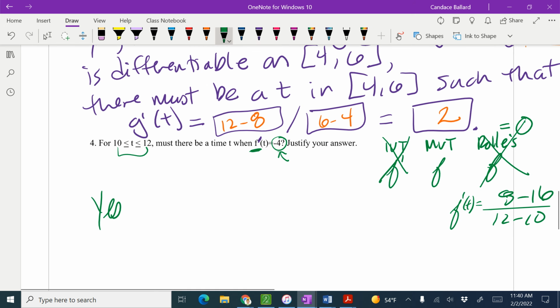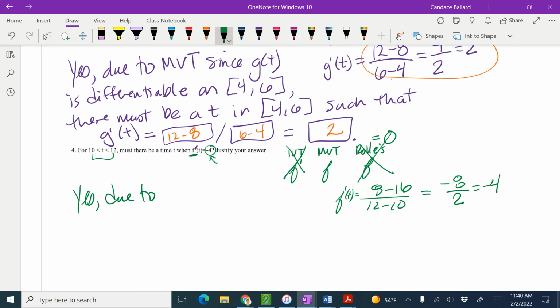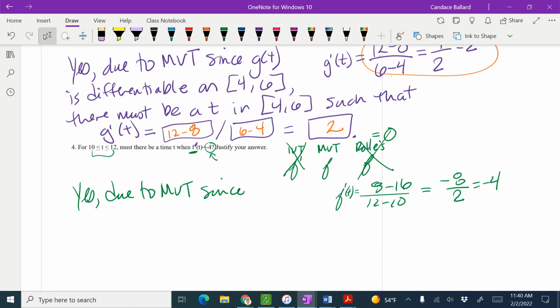All we have to do is fill in the sentence frame now. So yes, due to MVT, since our function this time is F of t, what has to come next? Differentiable, because we've got to show differentiable and continuous, technically, on the closed interval from 10 to 12.